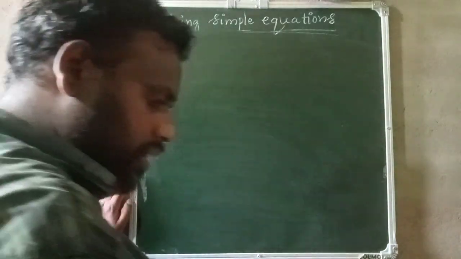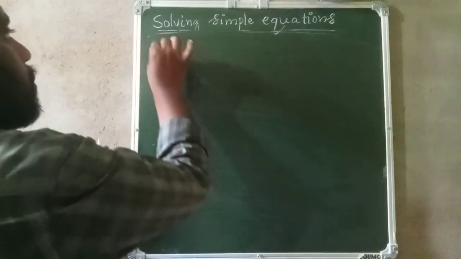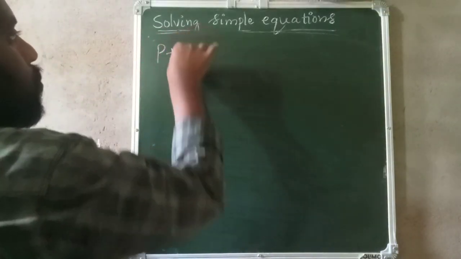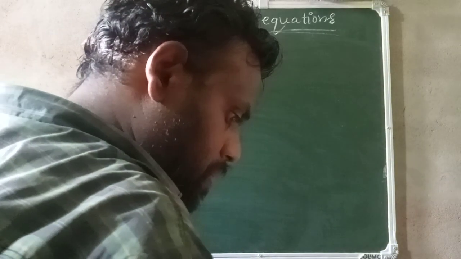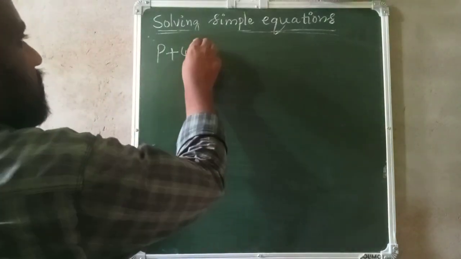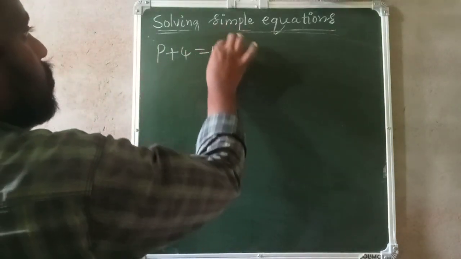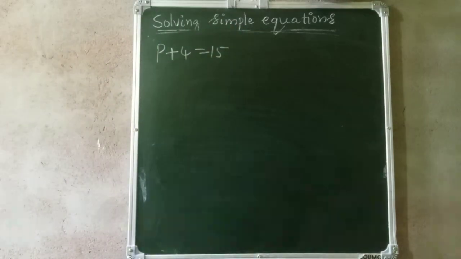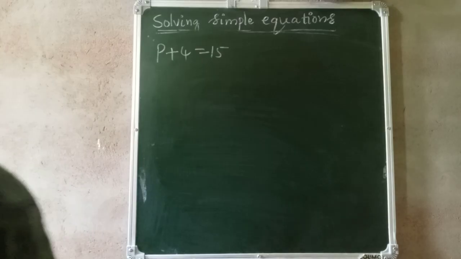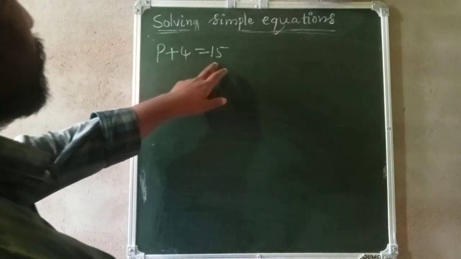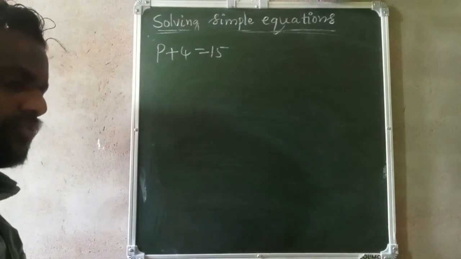Another simple equation that I am going to take is p plus 4 is equal to 15. P plus 4 is equal to 15. So that is a simple equation.